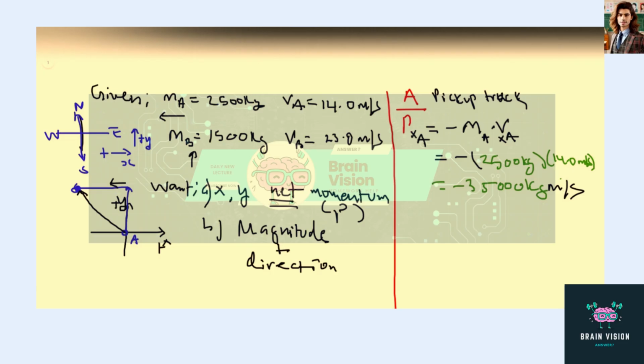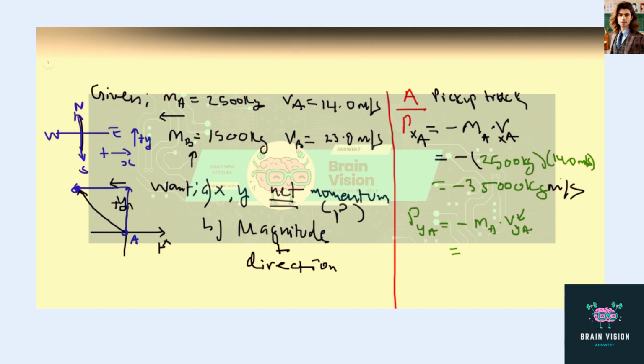The next thing we want to find is the momentum for the pickup truck in the y direction. Remember, it's just MA times VAY, the velocity in the y.